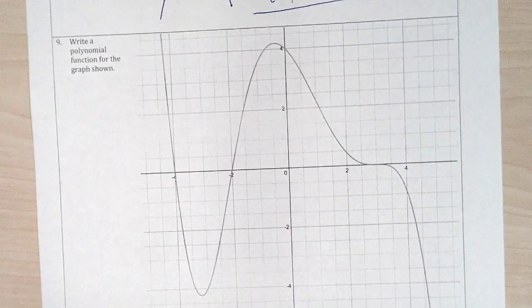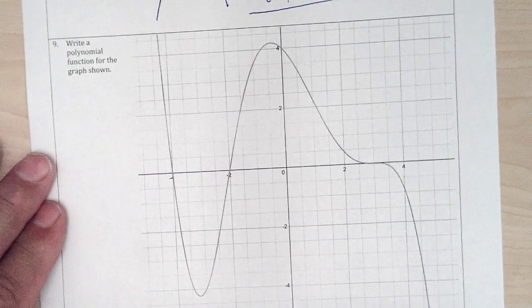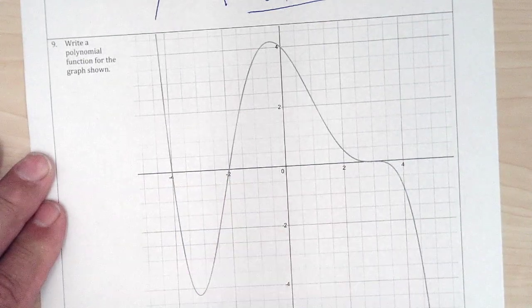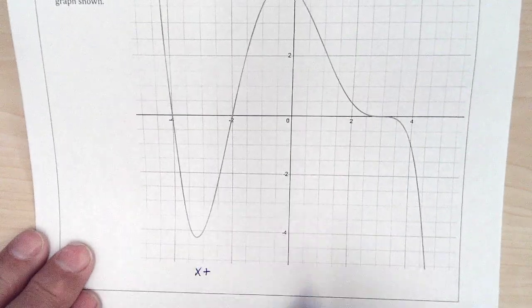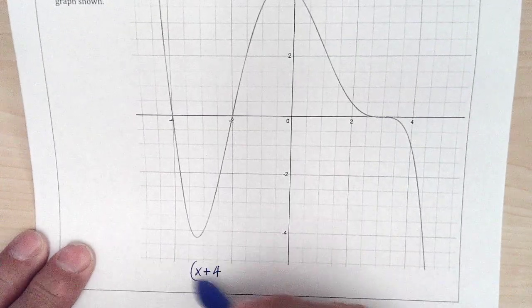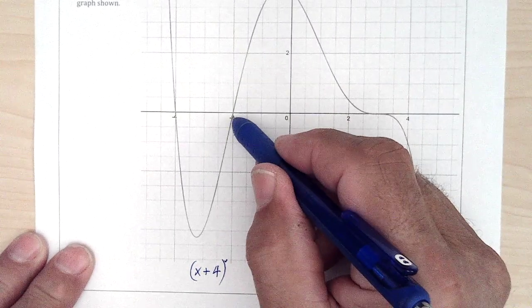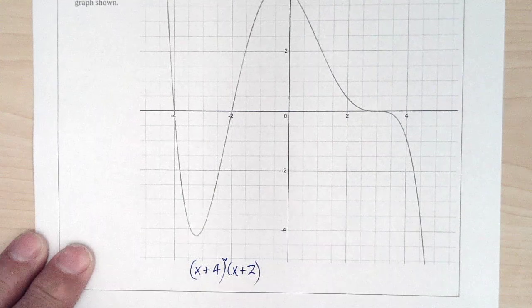And finally, write a polynomial that looks like this. Well, if it goes through minus 4, straight through, x plus 4 has to be a factor. If it goes straight through at minus 2, x plus 2 has to be a factor.